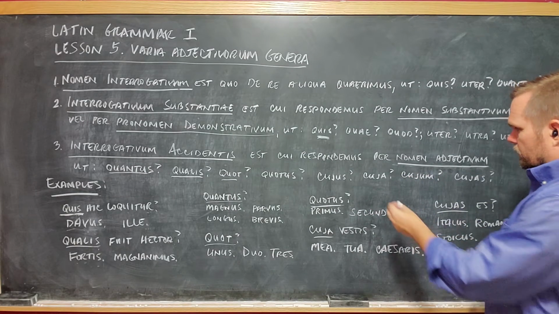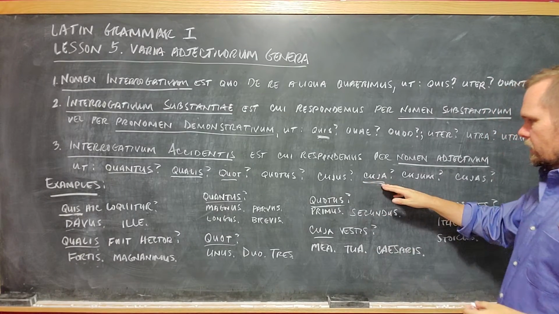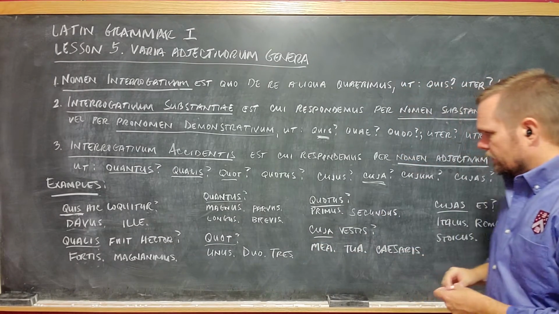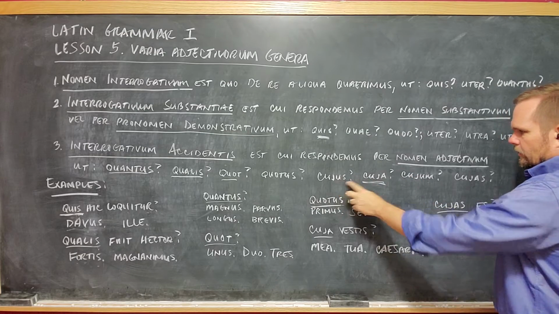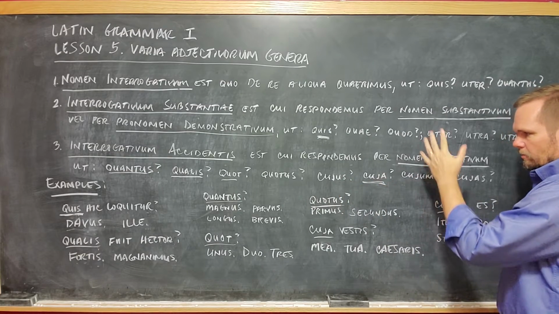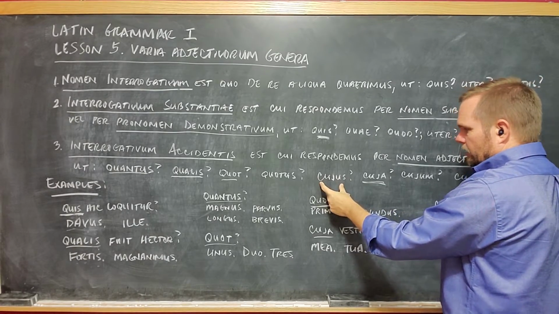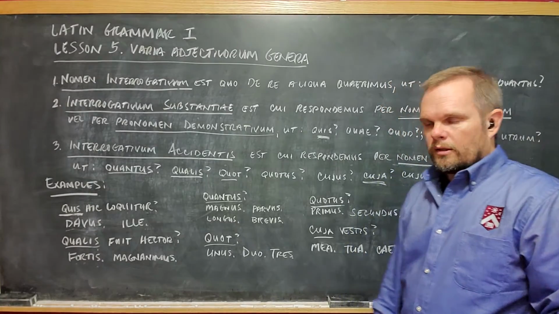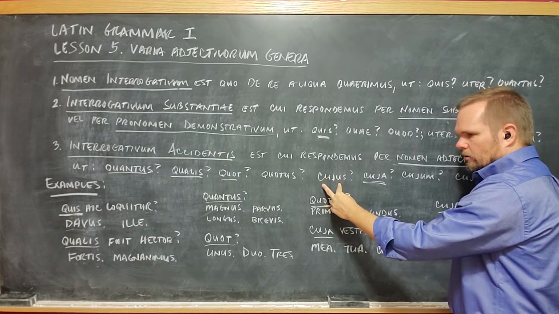Then we have the interrogative noun cuius, cuia. This, you see here, has cuius, cuia, cuium. These are three genders, as I explained before. This interrogative noun is translated as whose. If you expect the answer to be masculine, then you would use cuius.